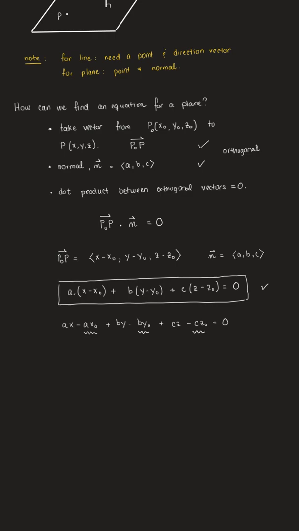So that is not constant. That is something that we can plug in values of x, values of y, values of z for any point on the plane. So on the left side, we're going to have ax plus by plus cz. And when I move all those constants to the right side, we have ax0 plus by sub 0 plus cz sub 0. This is just a constant, a scalar, and we're going to call this scalar d.